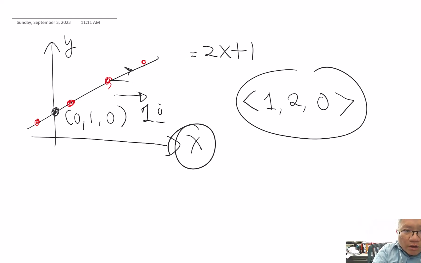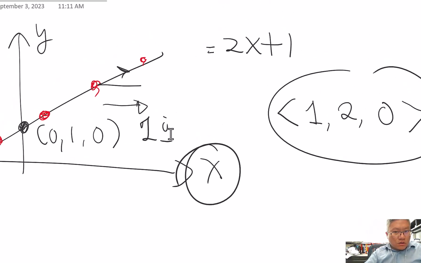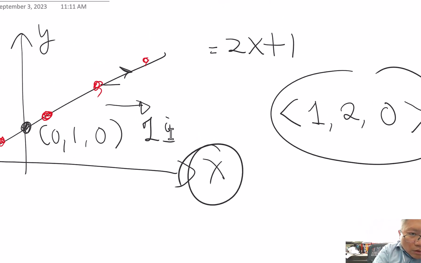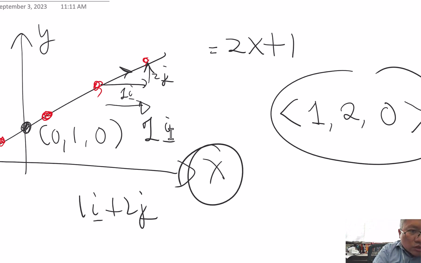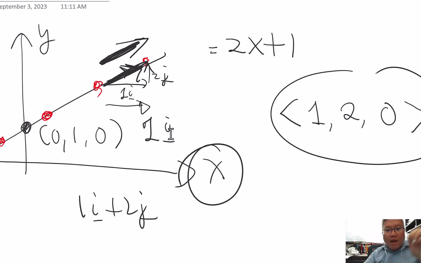Let me make this bigger. So 1i plus 2j is going to be this vector that you have here. That vector obviously is going to be a vector parallel to the line.